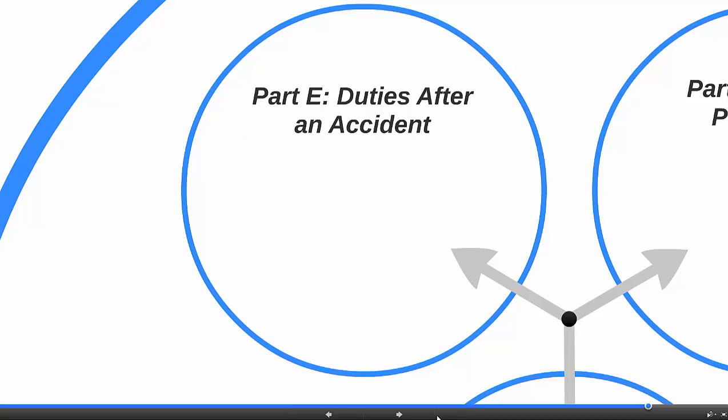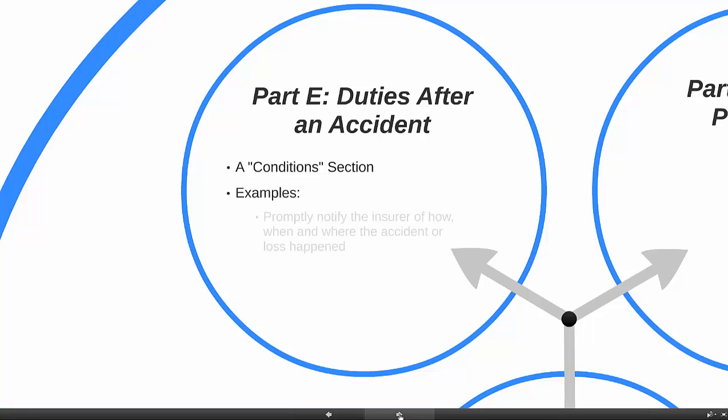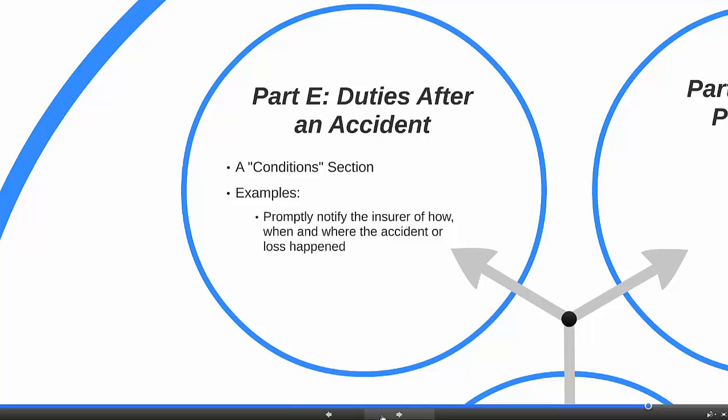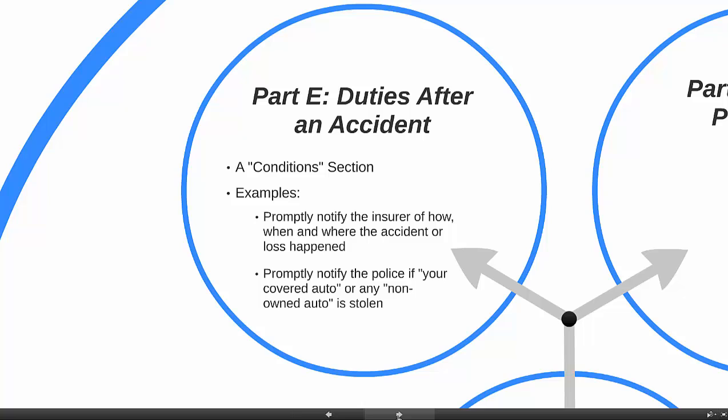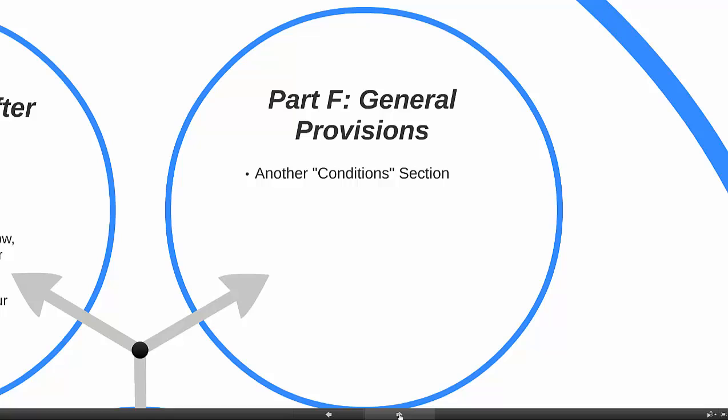First of all, Part E, which is duties after an accident. This is, as I said, the conditions section of the policy. Examples of the conditions are: you must promptly notify the insurer of how, when, and where the accident or loss happened, and you must promptly notify the police if your covered auto or any non-owned auto is stolen. The general provisions are really another conditions section.